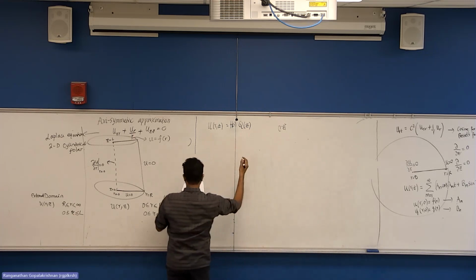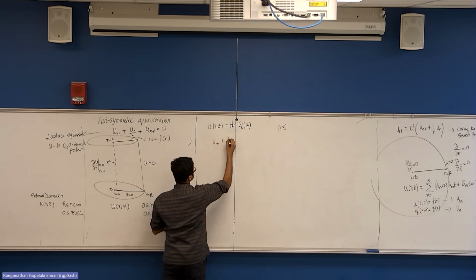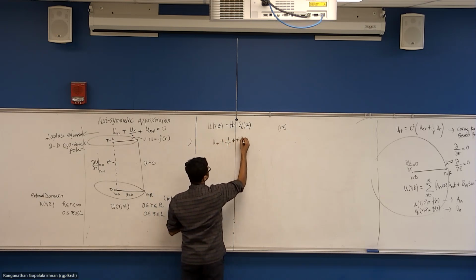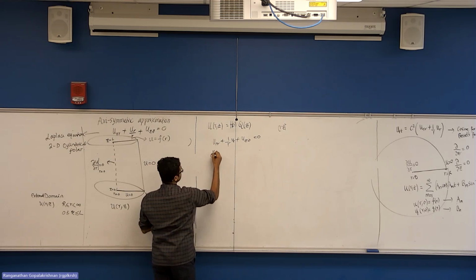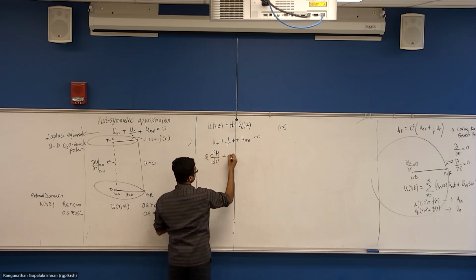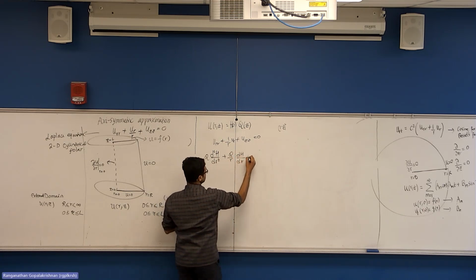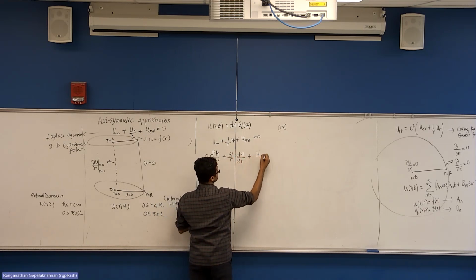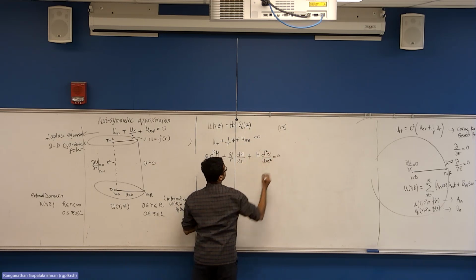All right, so we have this: u_rr plus 1 over r u_r plus u_zz equal to 0. I'll write this as d squared h over dr squared times q plus q over r dh over dr plus h times d squared q over dz squared equal to 0.